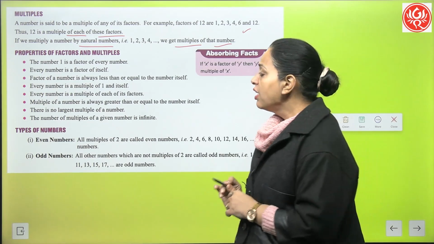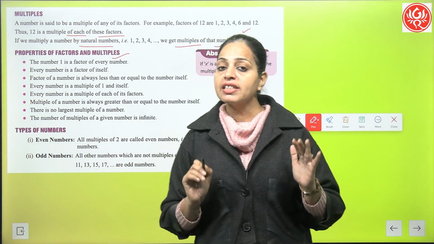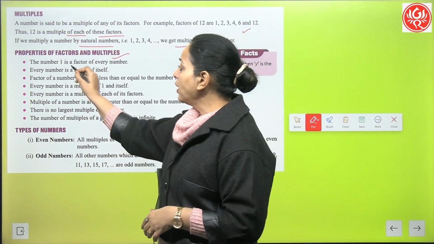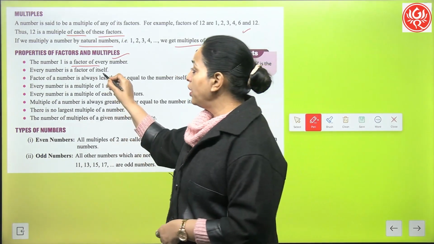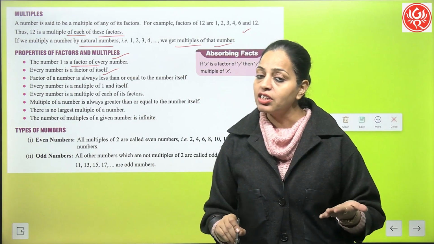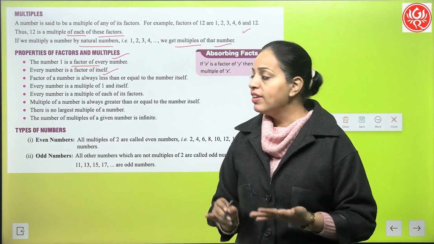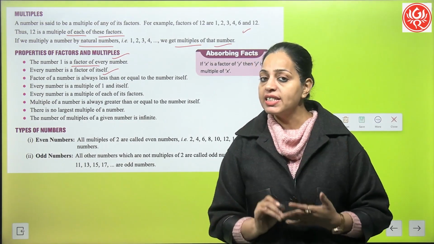Very interesting. Now, we are talking about properties of factors and multiples. The first one, the number 1 is a factor of every number. Every number is a factor of itself because every number divides itself. That's why every number is a factor of itself.